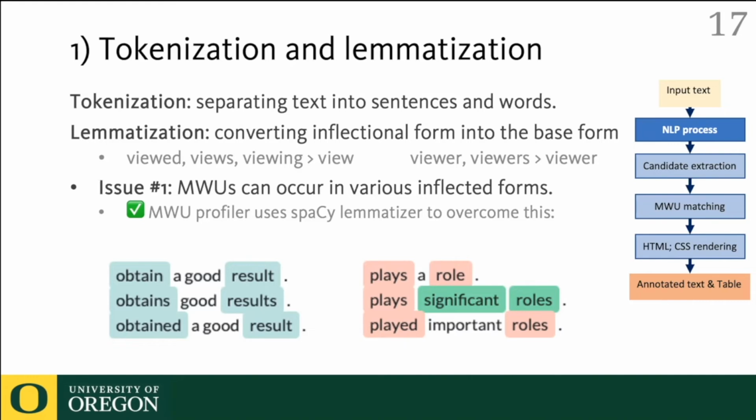One methodological issue in identifying multi-word units is that a multi-word unit can occur in various inflected forms. So I use lemmatization to deal with this issue. Because of this lemmatization, we can identify expressions such as obtained results as the same lexical collocation.